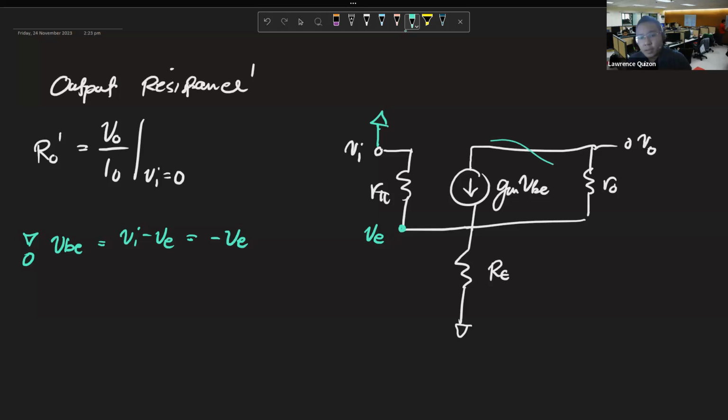So this thing, we're going to transform it. This becomes GMVE, but that's negative, so we're going to reverse the direction. Since VBE is negative VE, we reverse the direction of GMVBE and replace it with VE.